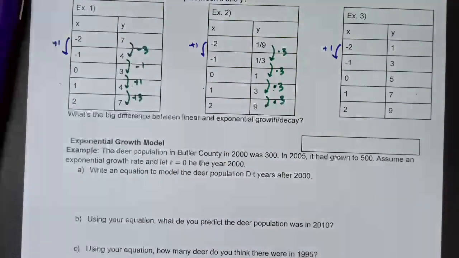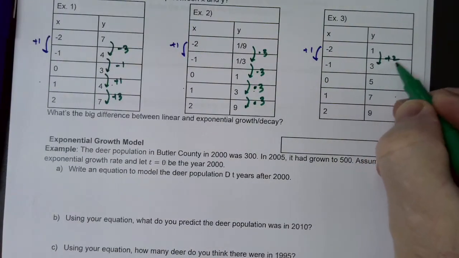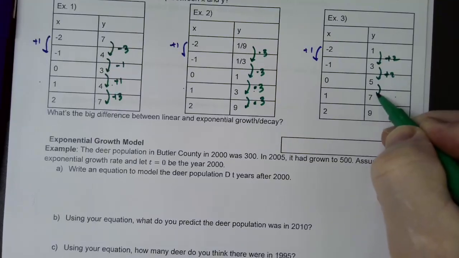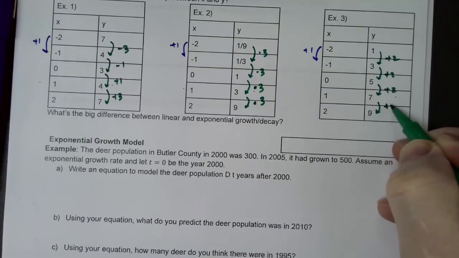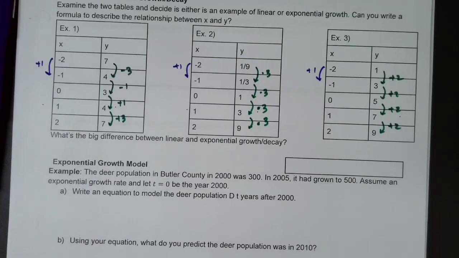And then the final one over here looks like I'm adding 2, and still adding 2, and adding 2 for all of these. So first of all, which one of these, based upon what we see, is the linear one? Can you see that right away? What's your thought on the linear one?